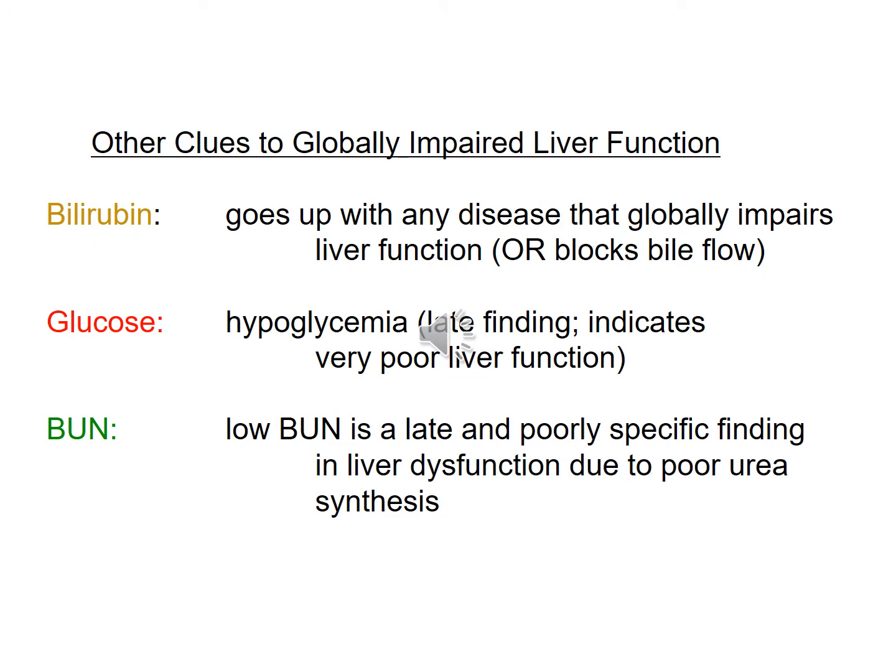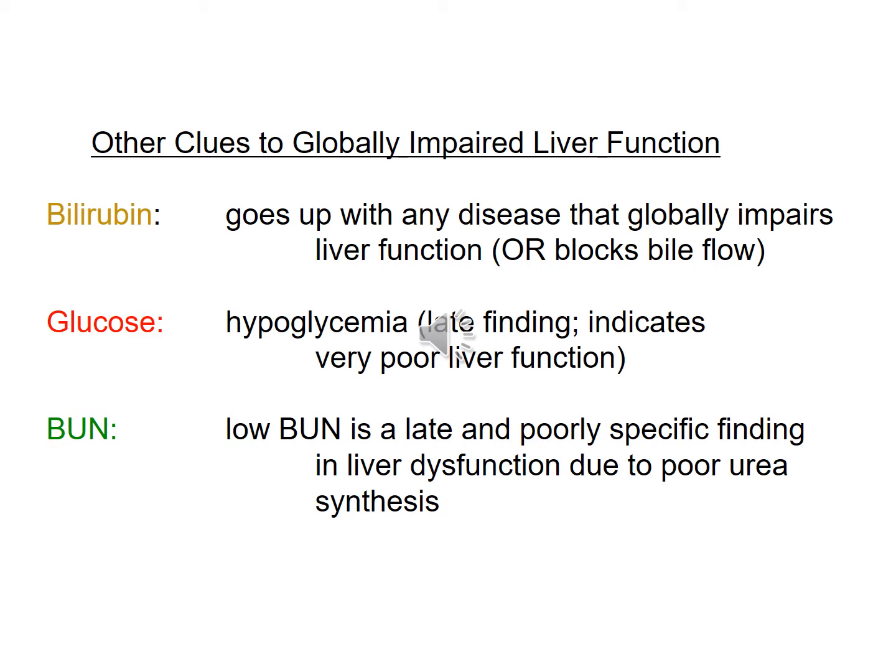Other clues to globally impaired liver function: bilirubin itself, as we mentioned, goes up with any disease that globally impairs liver function, of course, or blocks bile flow. This is in cholestasis. But when there is deterioration of liver function, usually bilirubin goes up.